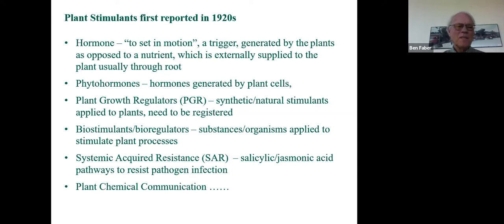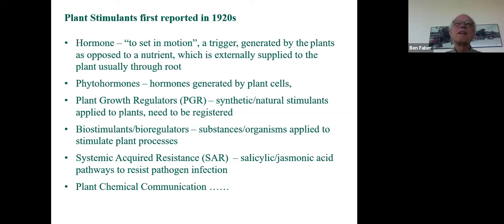There are also other materials, such as the systemic acquired resistance materials like the phosphonates or the salicylic and jasmonic acid pathways, that improve a plant's ability to resist pathogens. And these, in turn, have an effect on the hormones within a plant.